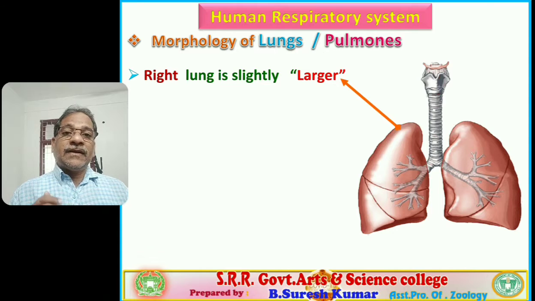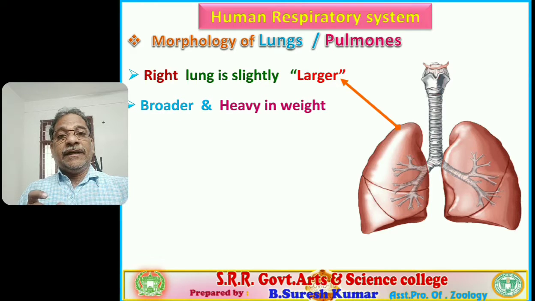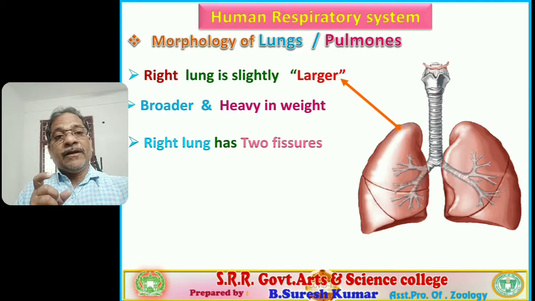So next, you observe the right lung. The right lung is comparatively larger than the left lung, broader and heavier in weight, approximately 700 grams, and the right lung has two fissures.